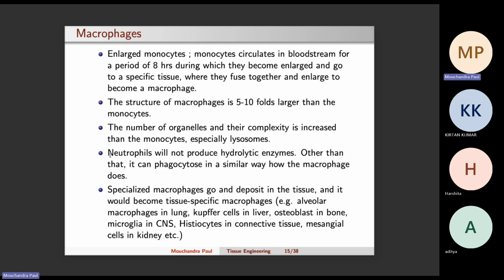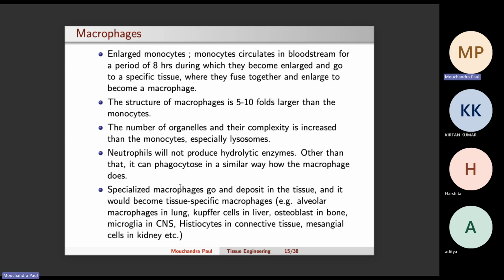Neutrophils do not really produce hydrolytic enzymes, but the way neutrophils phagocytose, meaning engulf the pathogen, is similar to macrophages. So in this way neutrophils are different from macrophages, but both are capable of phagocytosis.